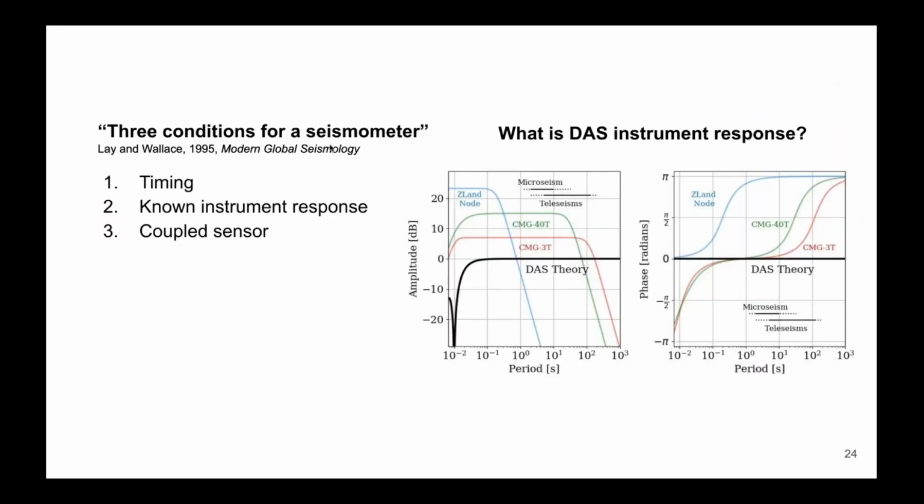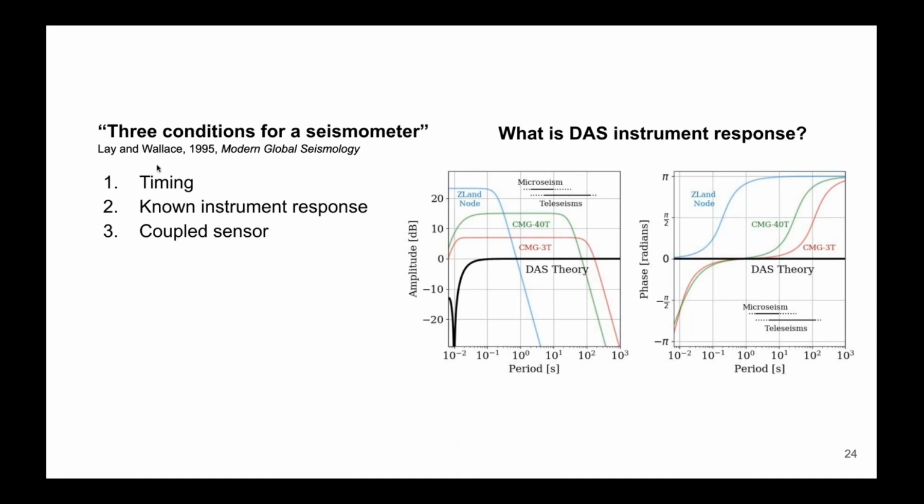And if you take the DAS as a seismometer, there are 3 conditions for a seismometer that we need to tick the boxes of. Those are timing: you need a stable timing. You need a known instrument response function, which is presently just theorized, and you need to have a coupled sensor. We've dealt with each one of these at different times in my working with DAS, and we've stabilized the clock.